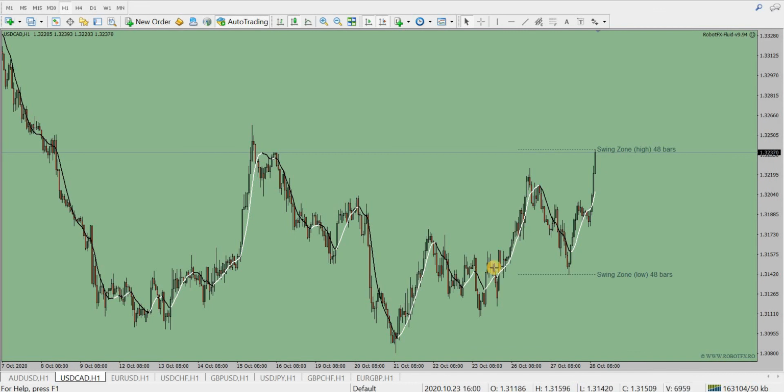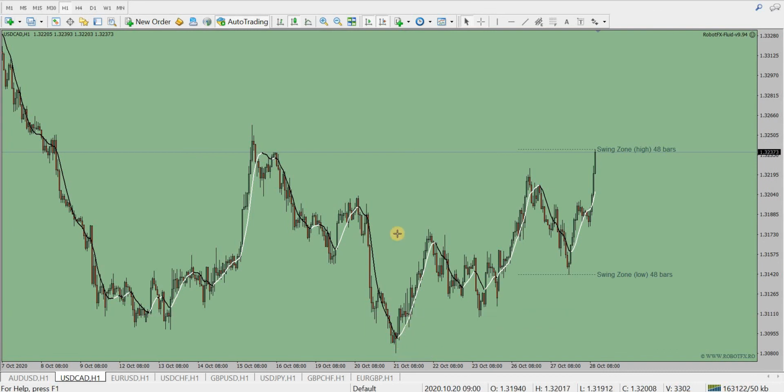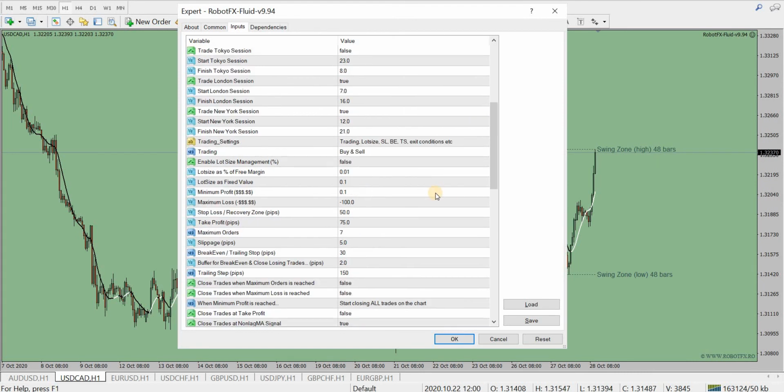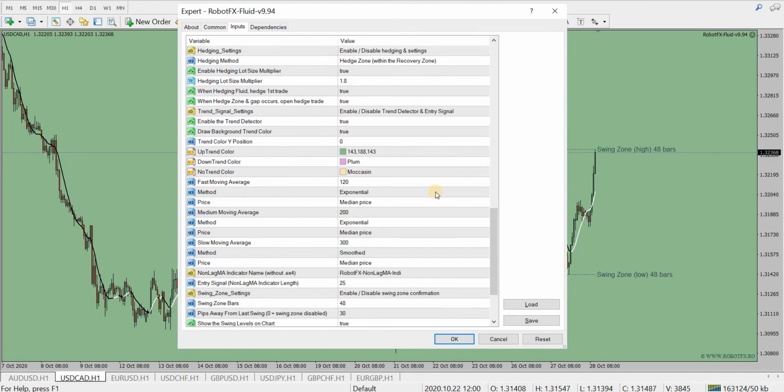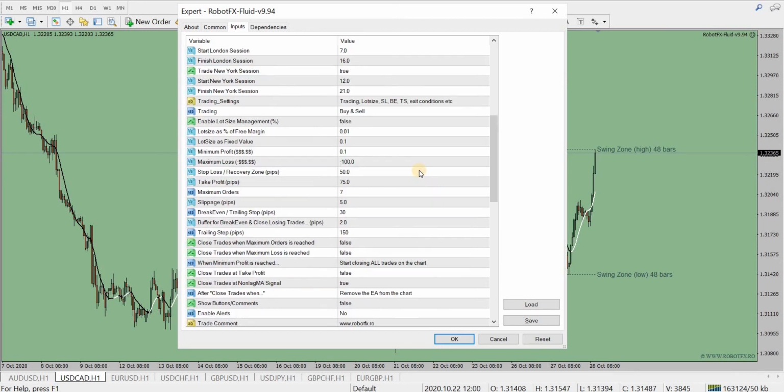So I always measure: if the signal is here, the stop loss will be 30, 40. If the entry signal is here, the ideal stop loss would be 30, and so on. However, I leave it more space, so my stop loss is always 50 on the 1 hour chart, at least.